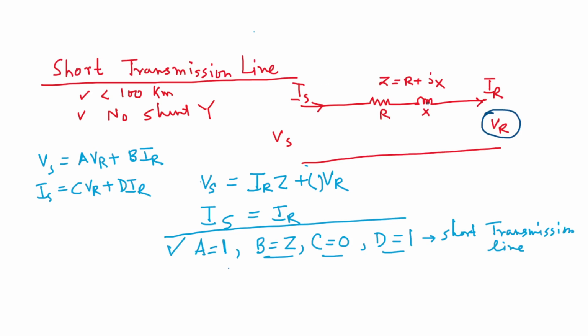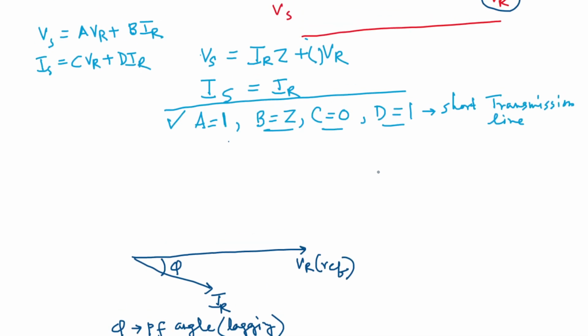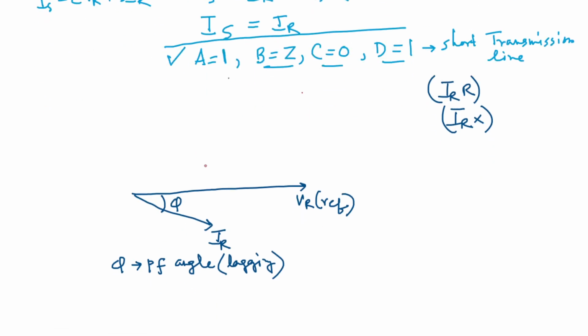Now this Ir current is flowing through R and X, so it will cause a drop. First, a potential drop Ir into R, and then a drop Ir into X. Ir into R is the resistive drop, and it stays in phase with the current, parallel with Ir.